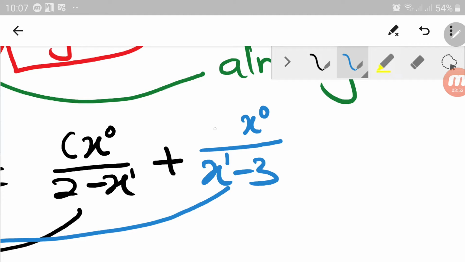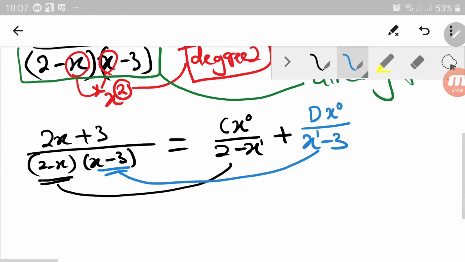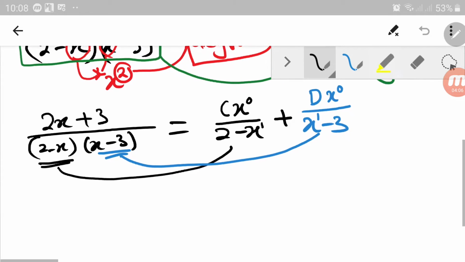We don't want that. So for this one, we don't know the coefficient, put D. So the partial fraction that we will have is this. The next step is to figure out what C and D are.